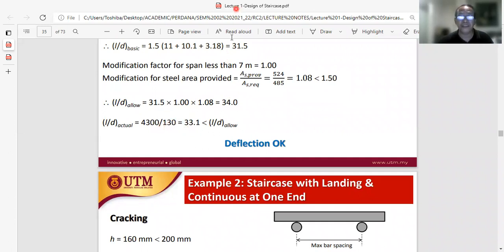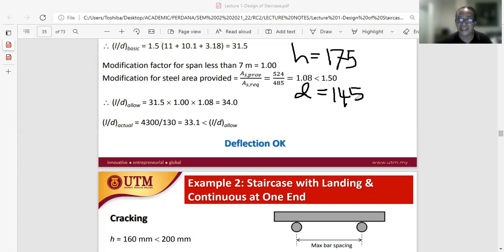If I'm using 175, if my H is 175, my D would approximately be 175 minus 30, 145, minus 30.